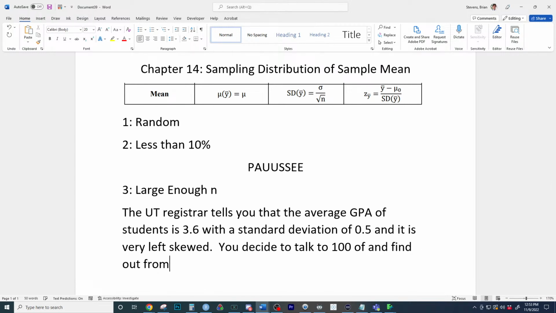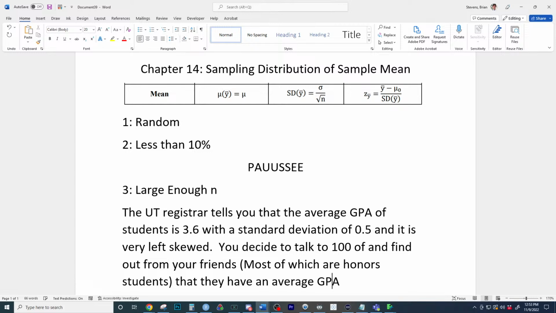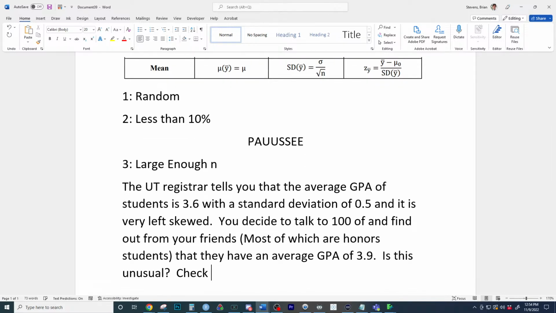You decide to talk to 100 of your friends, most of which are honor students, and find out that they have an average GPA of 3.9. Is this unusual? Check conditions and report if a valid probability distribution can be calculated.